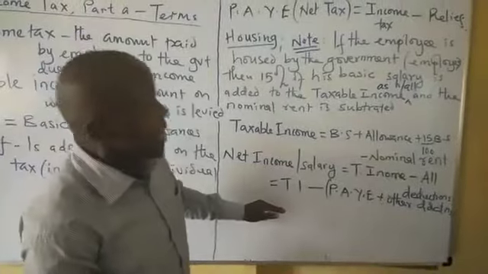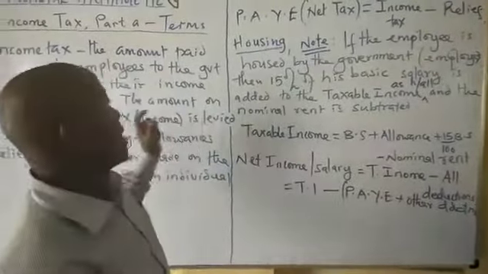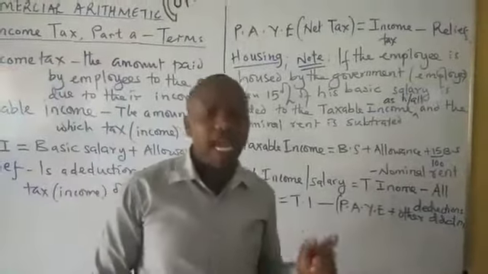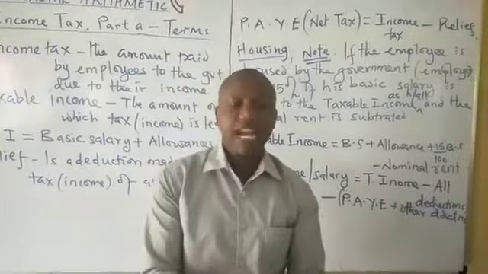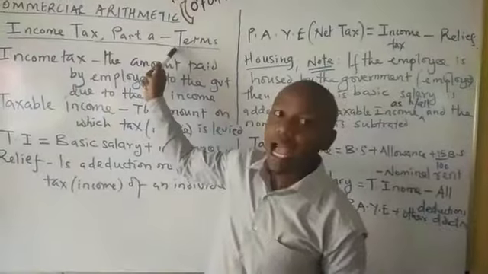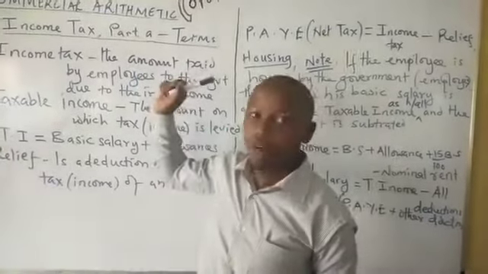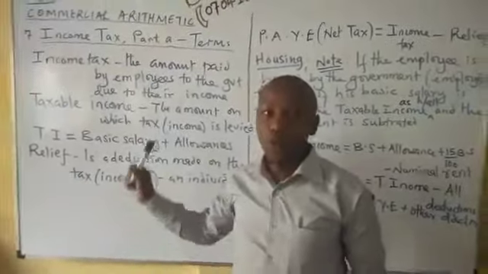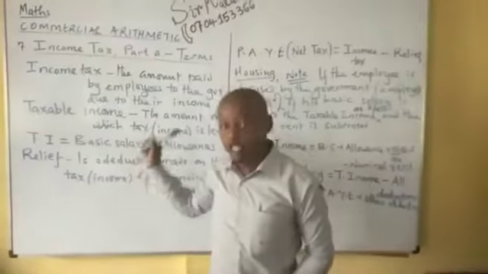And being conversant with all these terms, we can now wait for an example in the next episode. So that was part A. I chose to first make you conversant with all the terms which are involved in the subtopic.